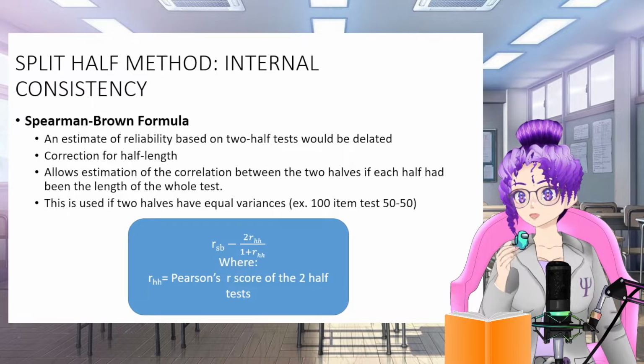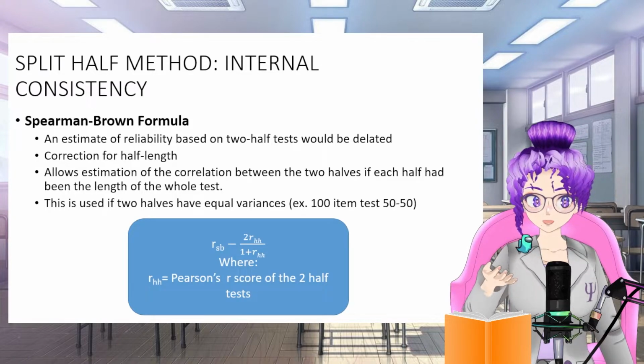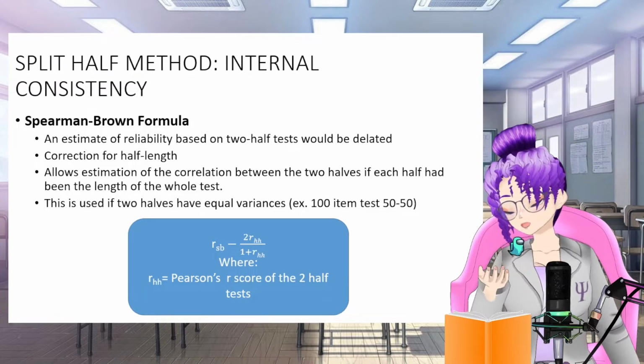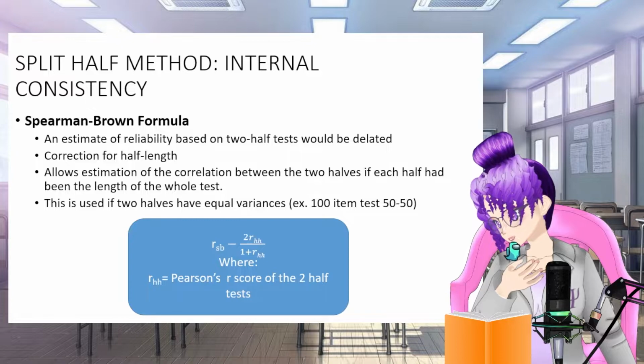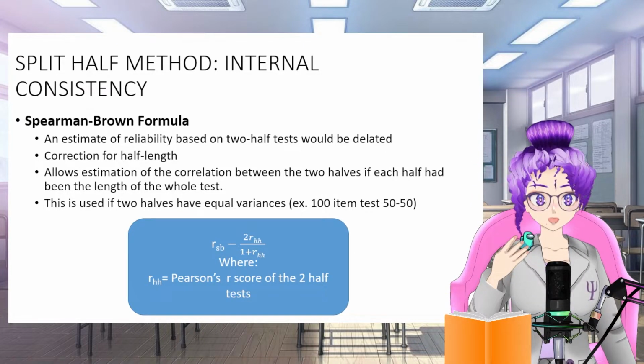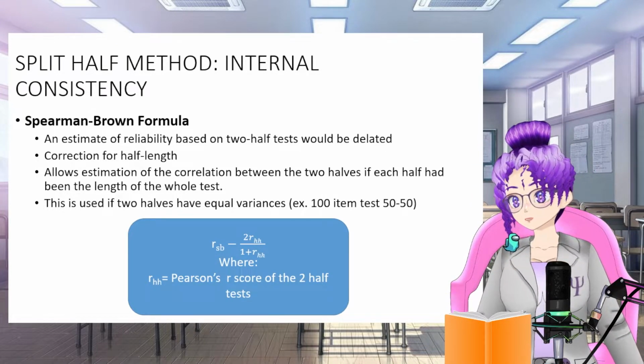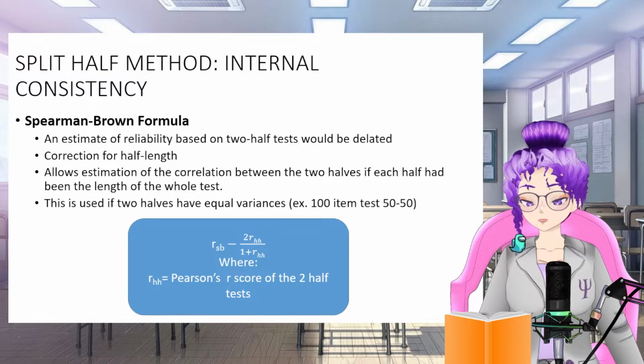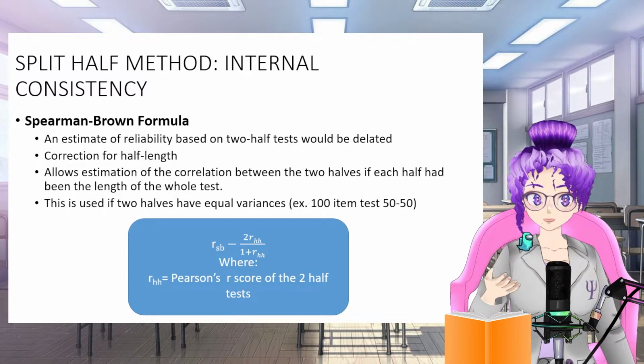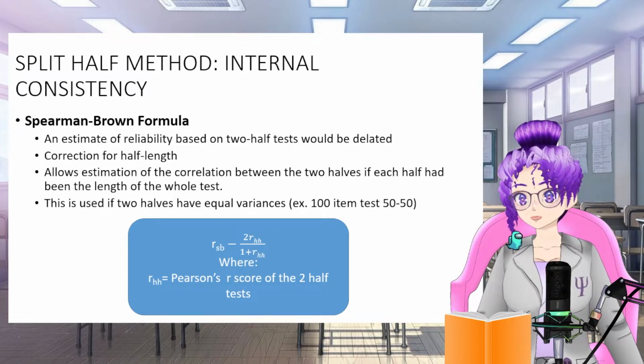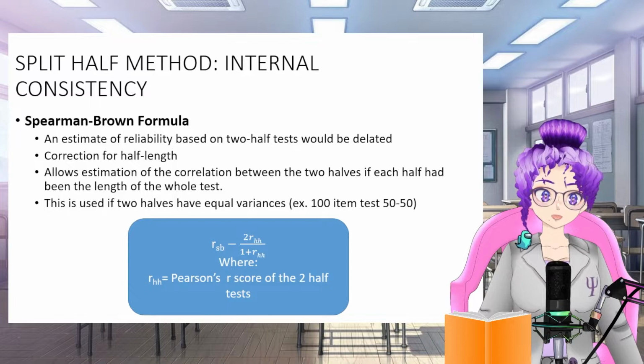So r_SB, or Pearson's r corrected by the Spearman-Brown formula, is equal to 2r_hh over 1 plus r_hh, wherein r_hh means the Pearson's r score of the two halves of the test.